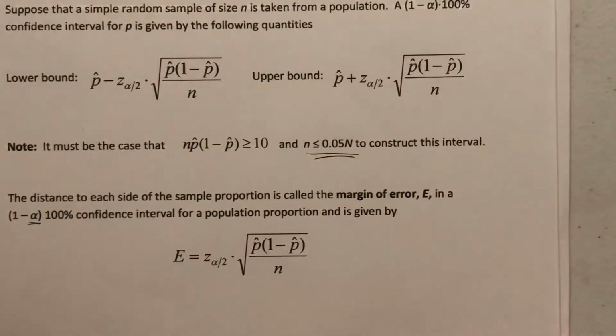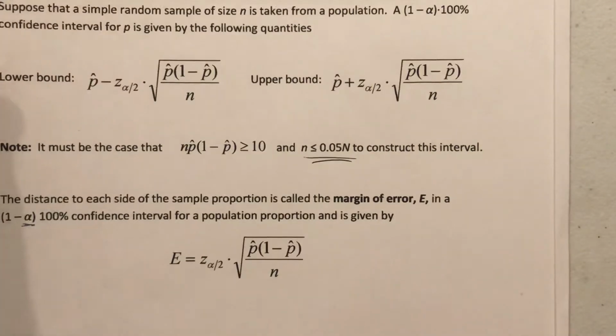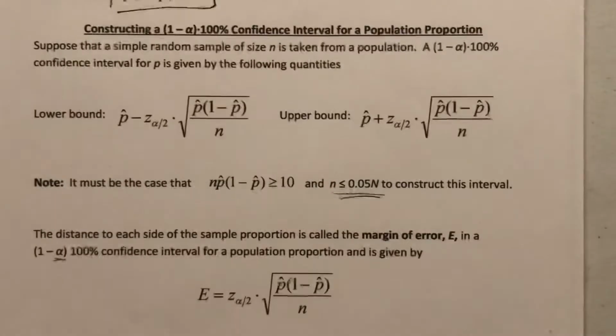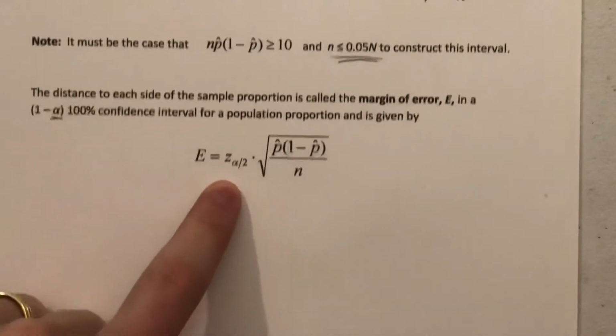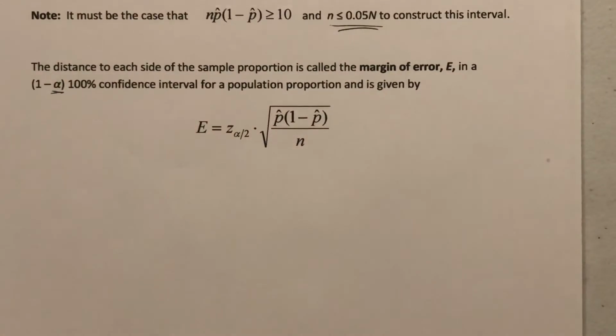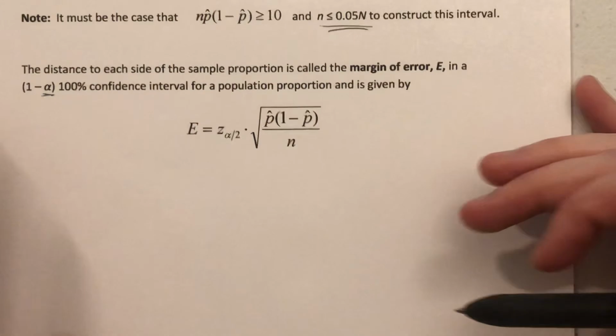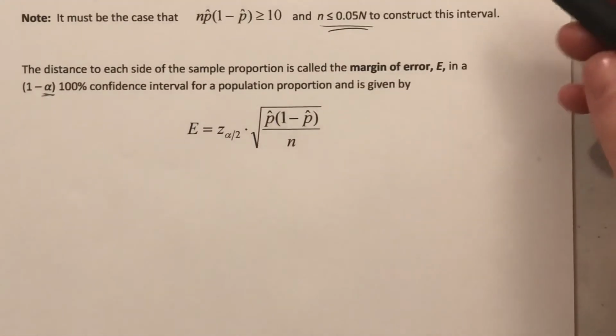So let's take a look at the idea of this z alpha over 2 real quickly. If you remember, we learned z alpha in the last chapters when working with the normal curve.